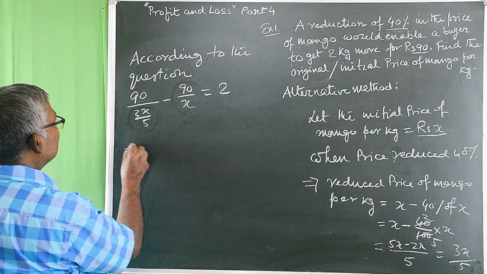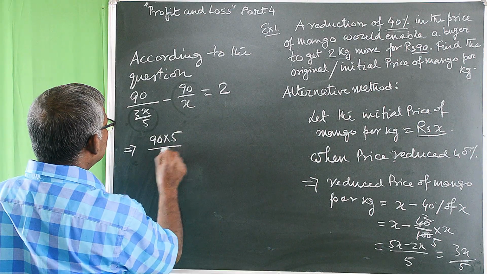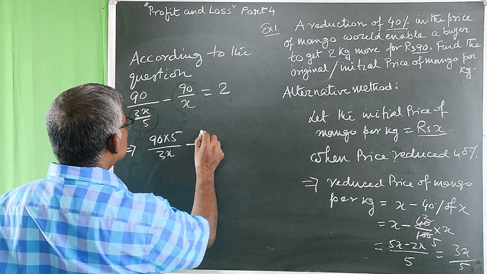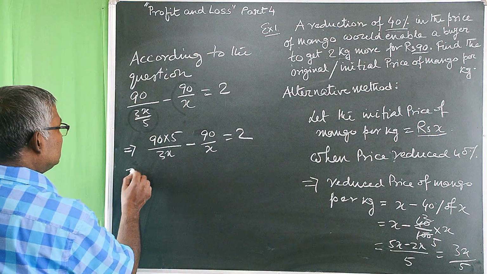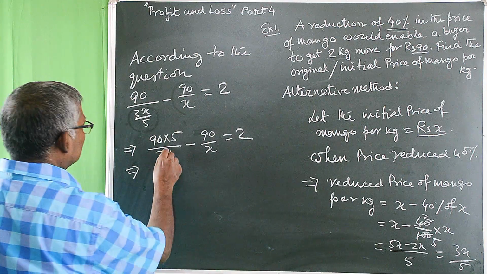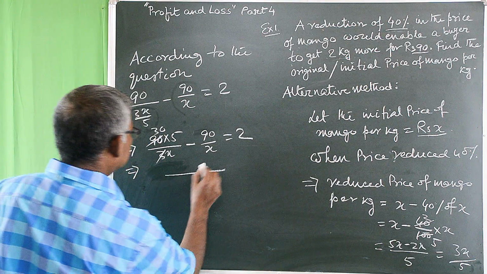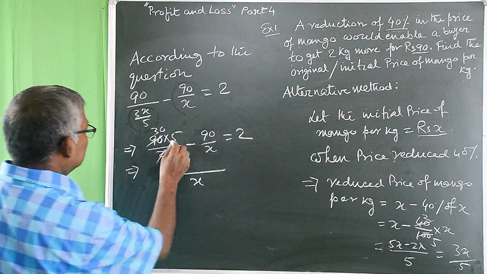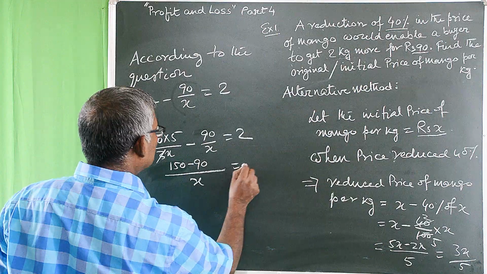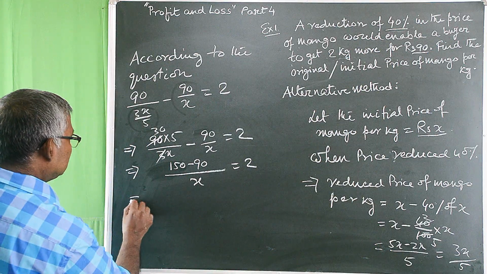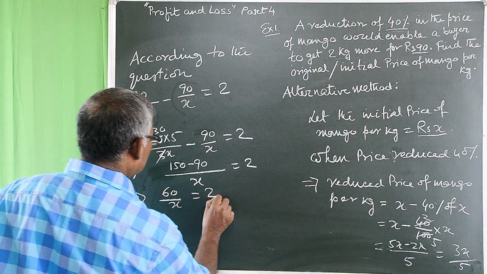This implies that 90 into 5 by 3x minus 90 by x equals 2. This implies that here 30. So we get LCM is x, here 150 minus 90 equals 2. This implies that 60 by x equals 2.